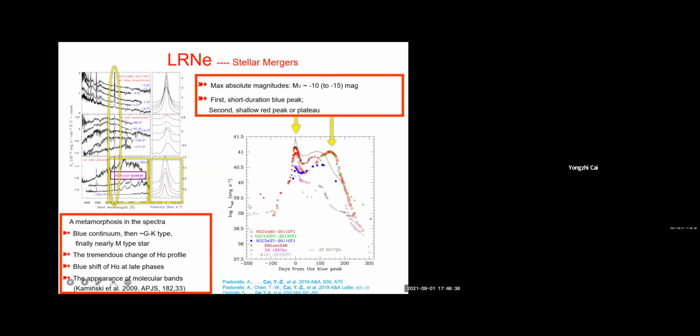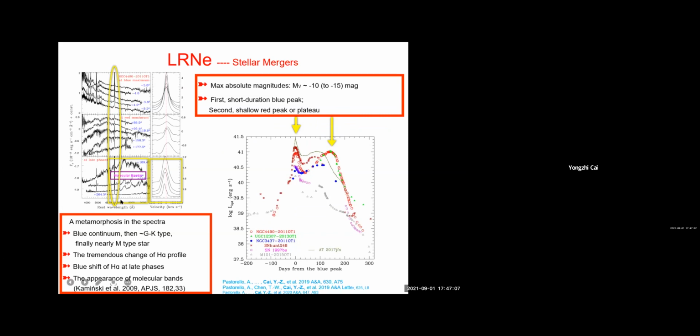Then here I show the photometry and the spectroscopy for the luminous red novae. From the right picture, we can find the luminous red novae show a double-peak light curve, and the first one is very sharp. The second one is usually red, usually very shallow or even a plateau.